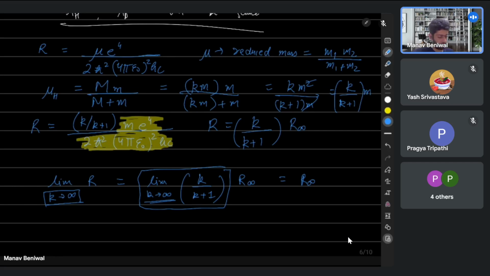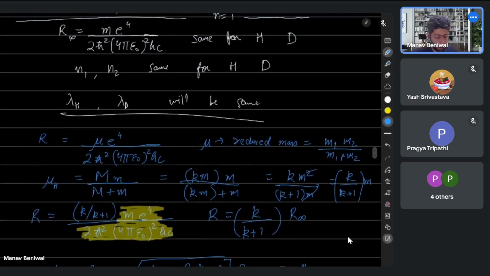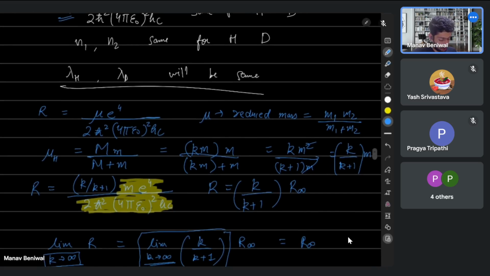Therefore we write a subscript infinity here, because this expression only holds true when we assume that our nucleus is very, very heavy compared to electrons. Otherwise, this is a much better approximation for the value of Rydberg's constant. Okay, fine up till here?